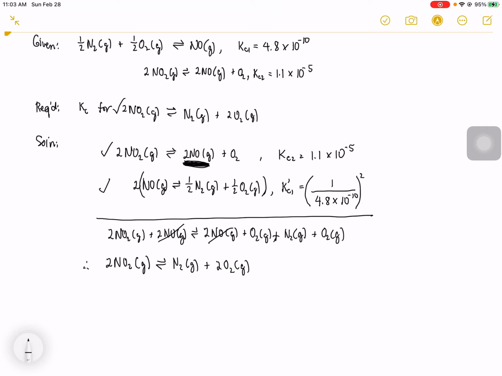Now to get the K sub C overall for this particular equation, we have to just simply multiply the value of K sub C for this equation right here, as well as the new value of K sub C that we compute over here.